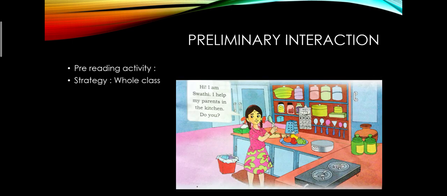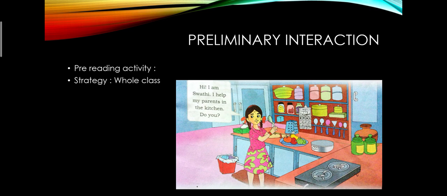Next, we will go to the activity. Before going to the activity, preliminary interaction is there. For preliminary interaction, first we will go through the pre-reading activity. What is a pre-reading activity? The reading activity which is carried out before reading. Here the strategy I followed is a whole class activity.